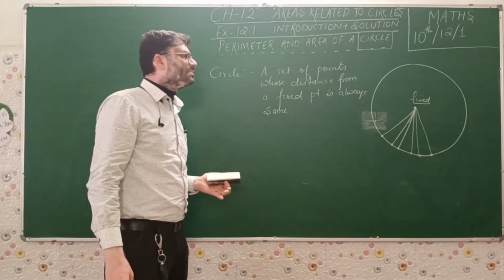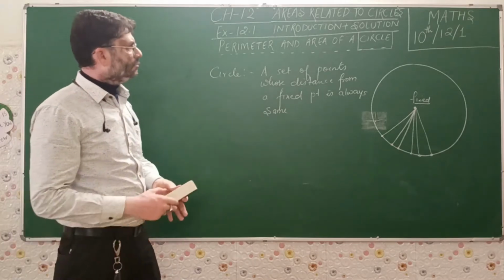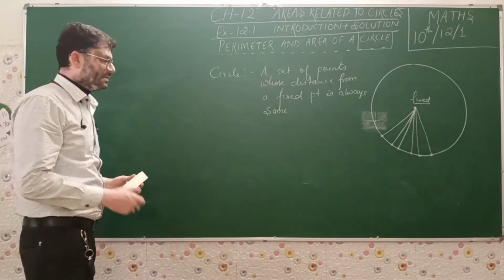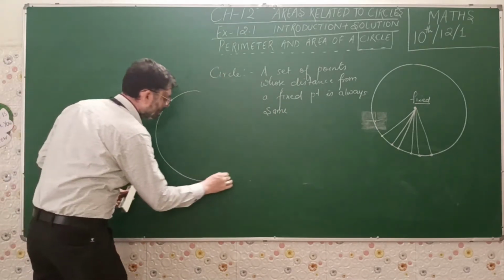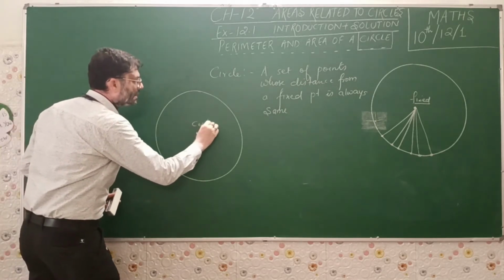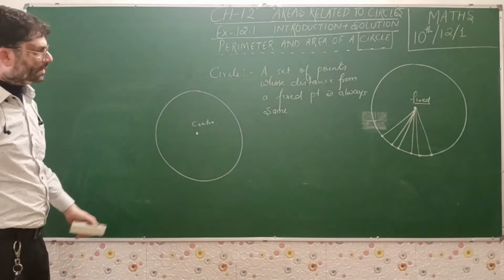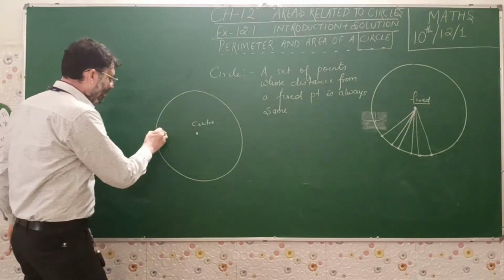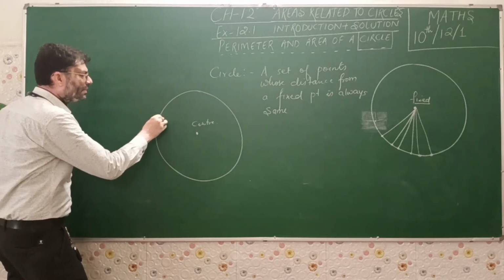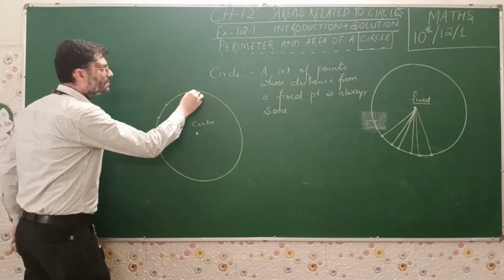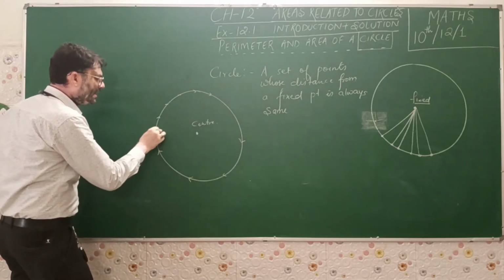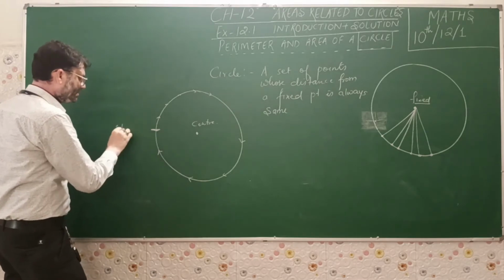There are various terms related to circle that we would be needing for finding the perimeter and area of the circle, as our topic says. Suppose we have a moon, that is like a circle. This fixed point is what we call the center. And suppose we take a single point somewhere here and we start moving in this direction, and we finally reach our starting point.